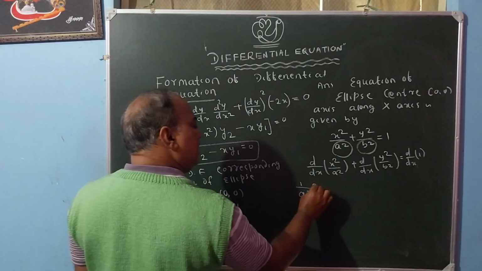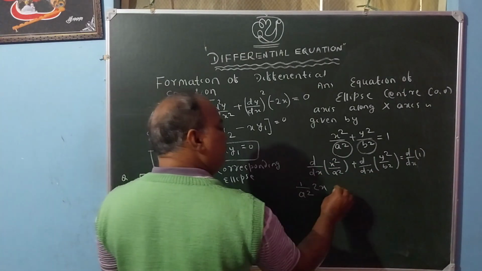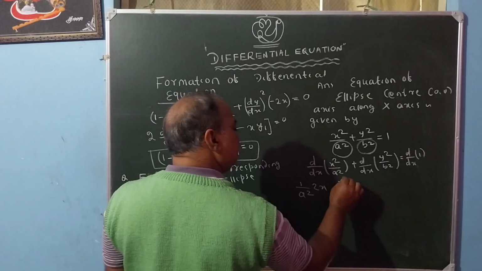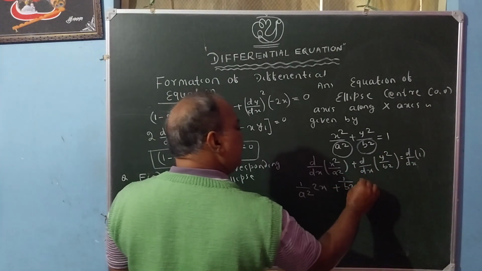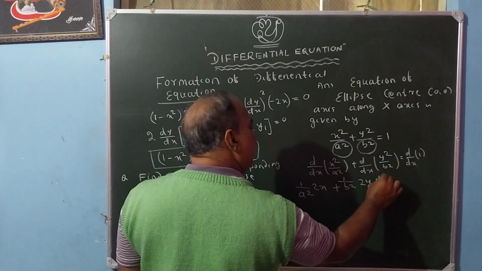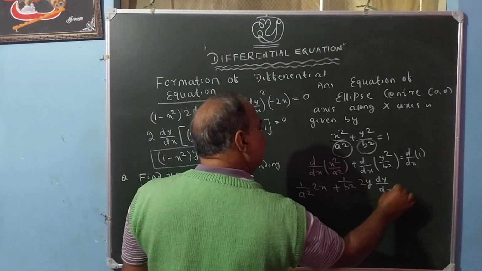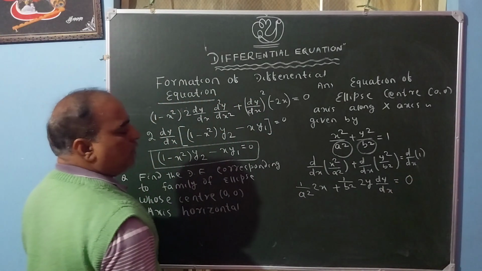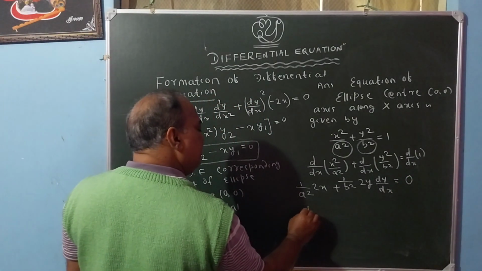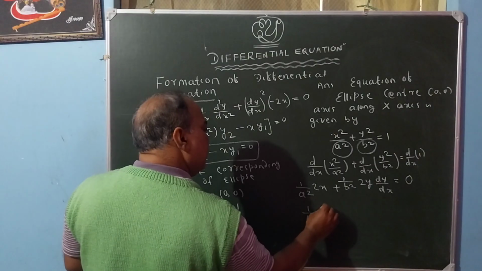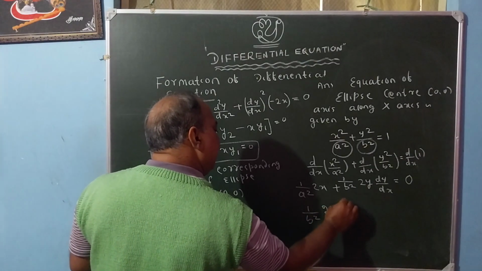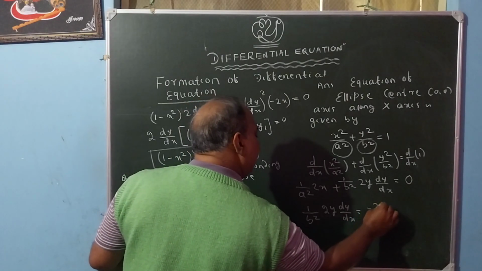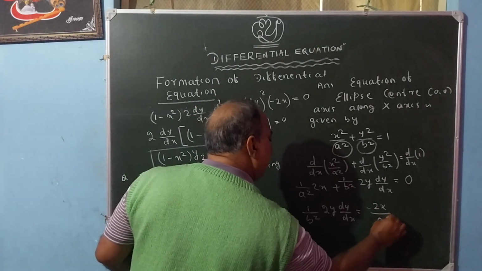Derivative of x square is 2x. 1 by b square is a constant, so that comes outside. So y square derivative is 2y into dy/dx. The derivative of a constant is 0. So now we get 1 by b square into 2y dy/dx is equal to minus 2x by a square.